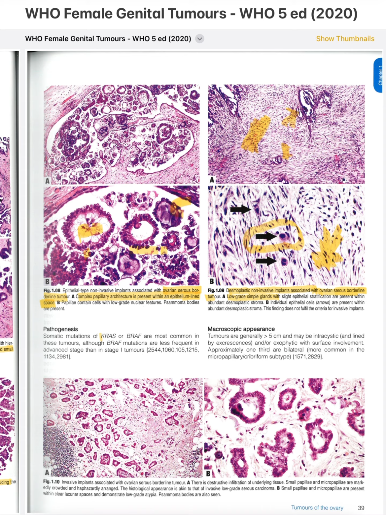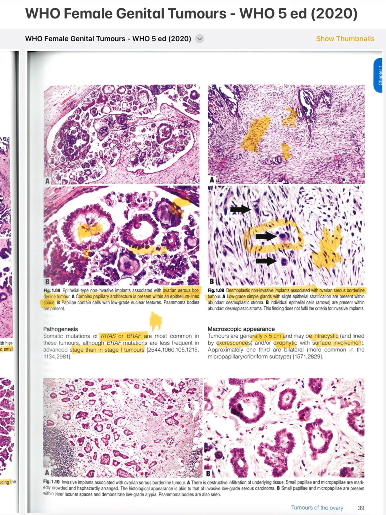If we talk about pathogenesis, KRAS and BRAF mutations are most common in these tumors, and they are less frequent in advanced stage than in stage 1 tumors. If we talk about macroscopic appearance, these tumors are generally more than 5 centimeters and may be intracystic and lined by excrescences, or exophytic with surface involvement.